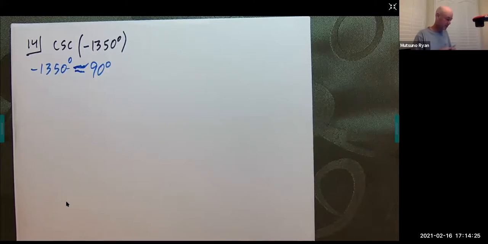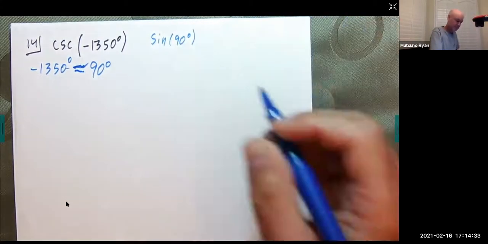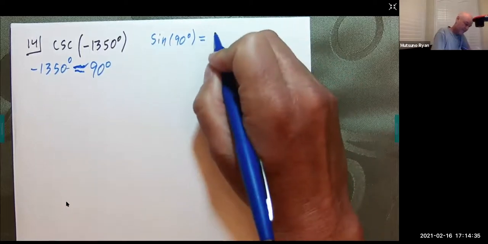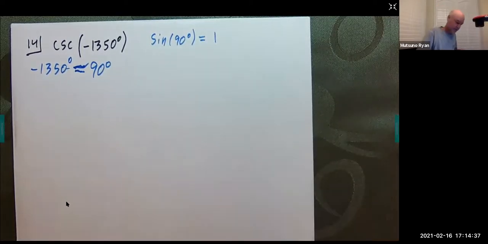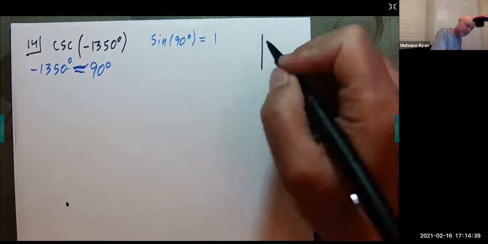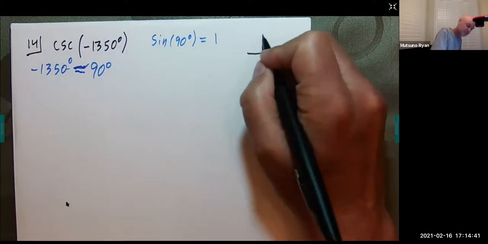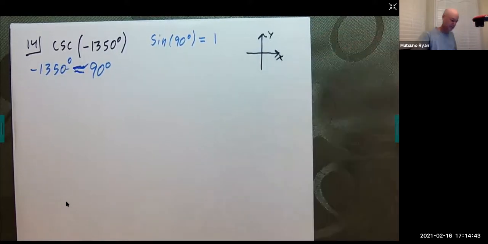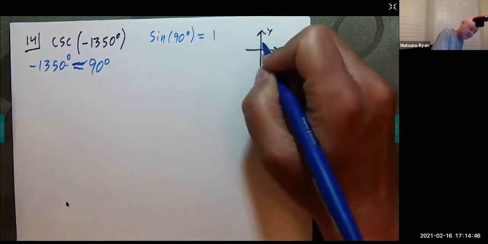I should say this is an equivalent of 90 degrees. All right, so we know that sine of 90 degrees is 1. If you look at the unit circle, at 90 degrees, here's that point.